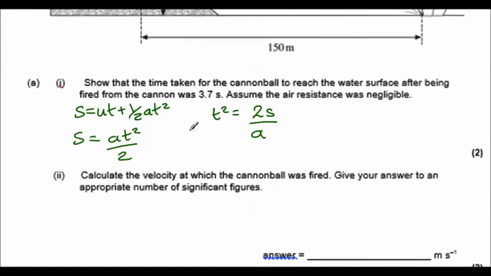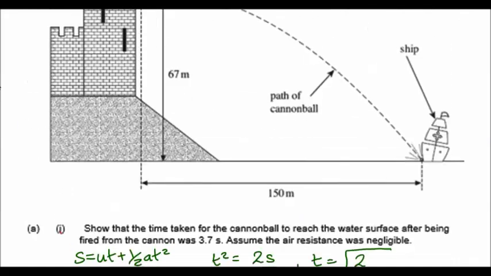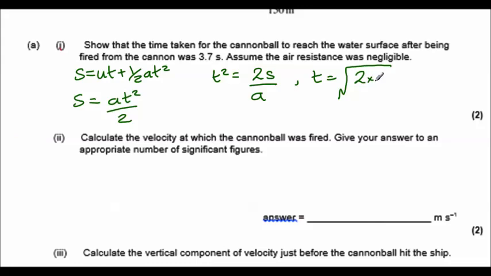Pop that into this, and we end up with the calculation. t will be the square root of 2 multiplied by that height, 67 meters, and divide by the acceleration, 9.81 meters per second squared.